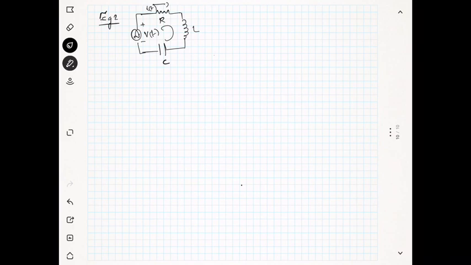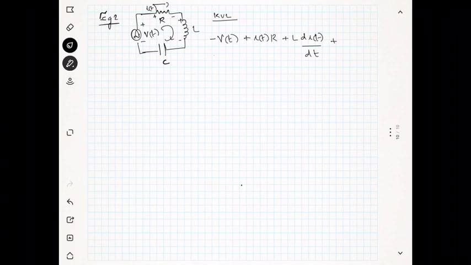Now we can take a loop and solve. By writing the Kirchhoff law, you can see that minus V of t plus I of t into R plus L into di of t over dt, plus we need to find the voltage across the capacitor.